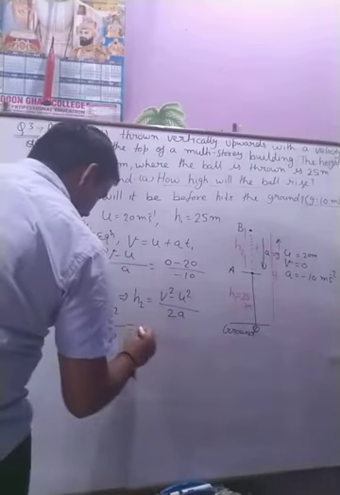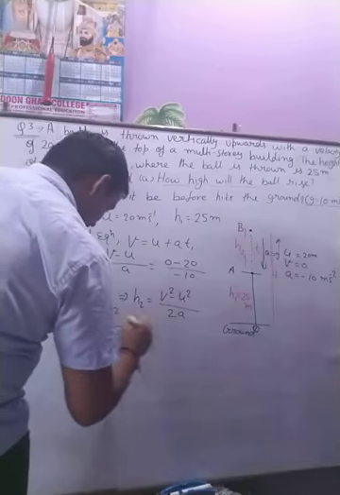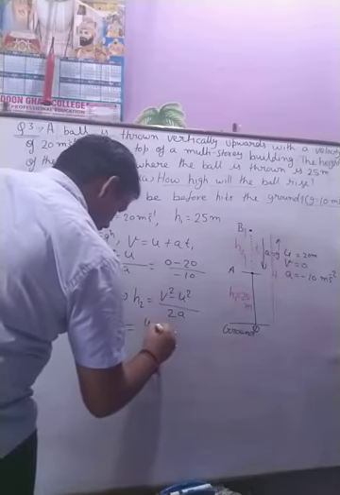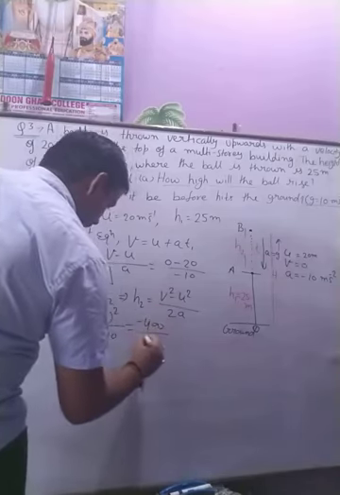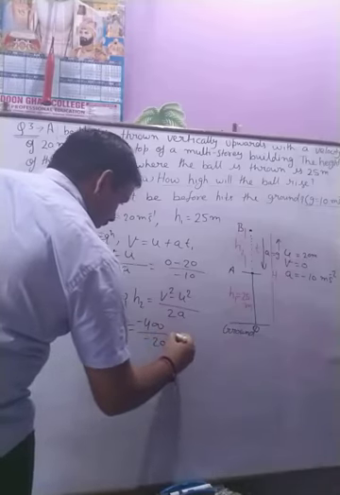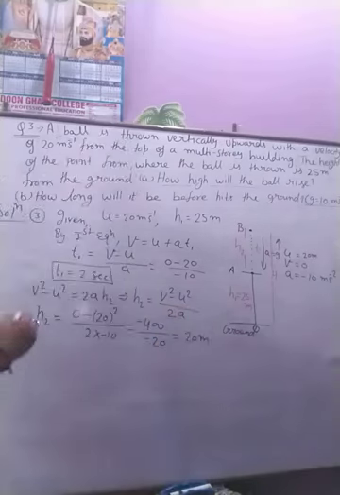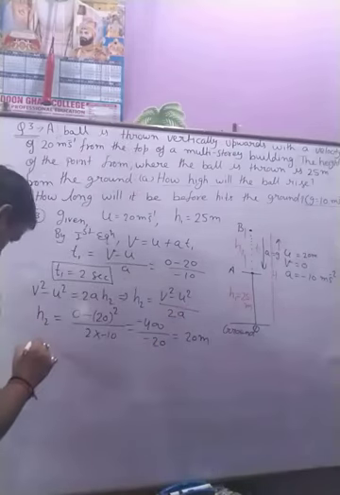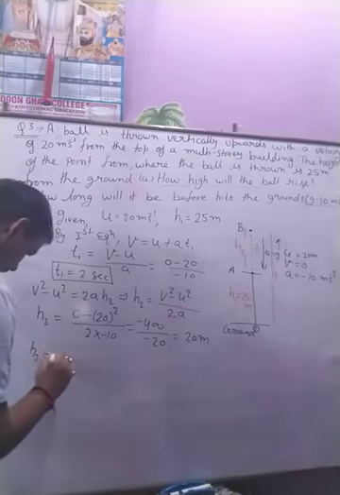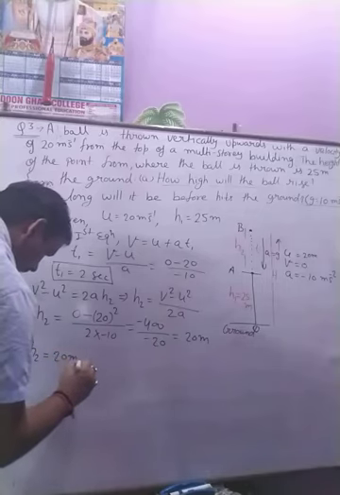We calculate it: minus 400 upon minus 20. So this value is 20 meter high from point A. So h2 is 20 meter.